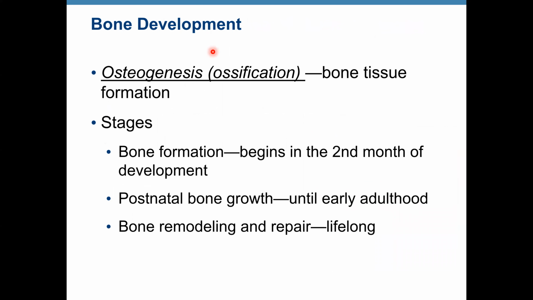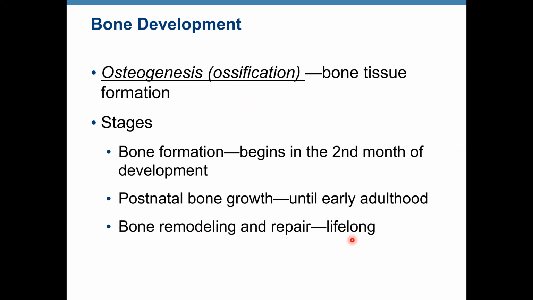Bone development is called ossification or osteogenesis, formation of bone tissue. Bone formation begins in the second month of development. Then we have postnatal bone growth until early adulthood, and bone remodeling and repair lifelong.